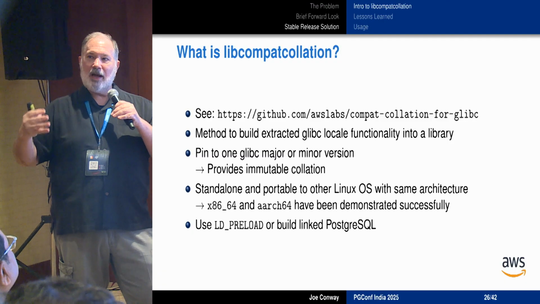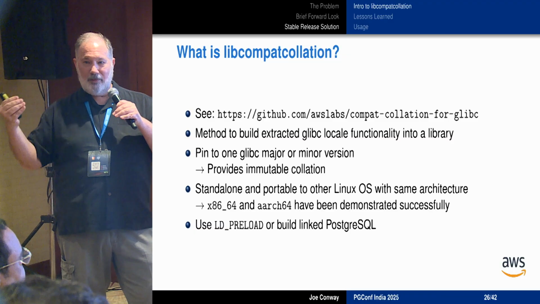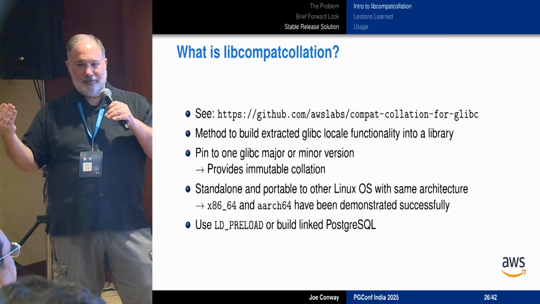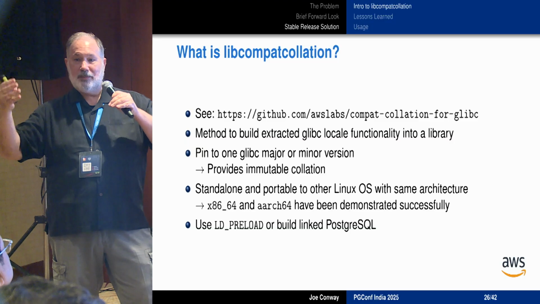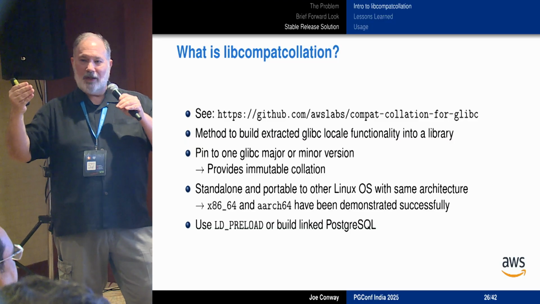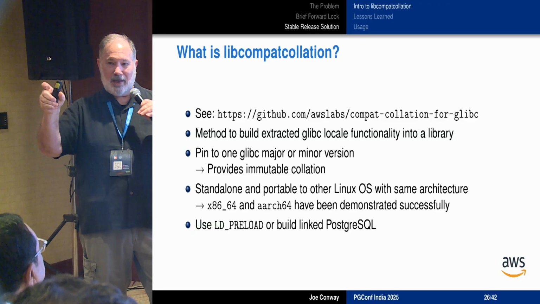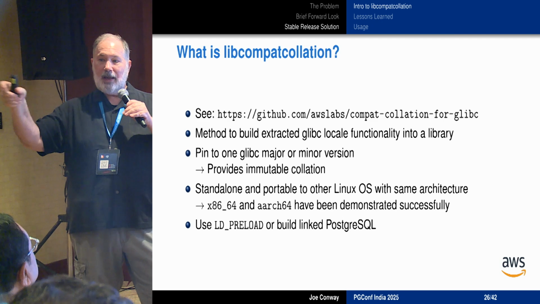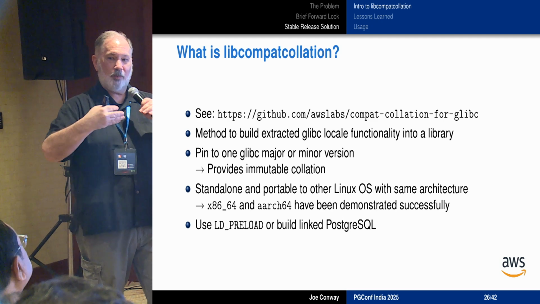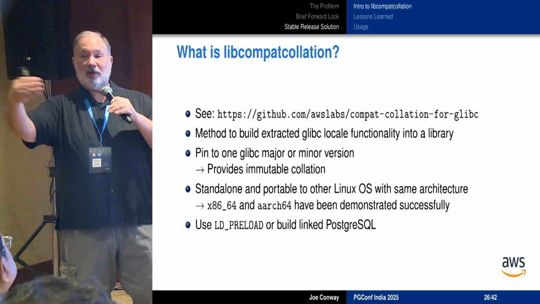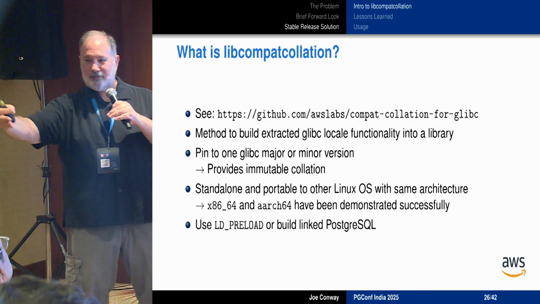It's fairly common these days for those symbols to be versioned. So the last time strcoll was updated in glibc, it might have been, I don't know, glibc 2.28. And so the strcoll symbol will actually have 2.28, or whatever version it was last updated, associated with it. And then when you link your program against that, it says, I'm looking for that version, not just strcoll, but that version of strcoll.